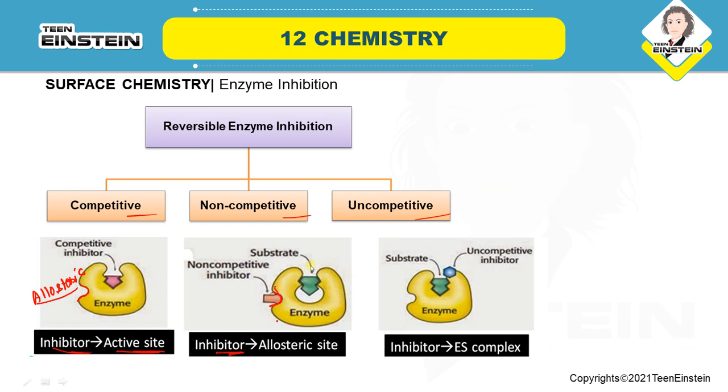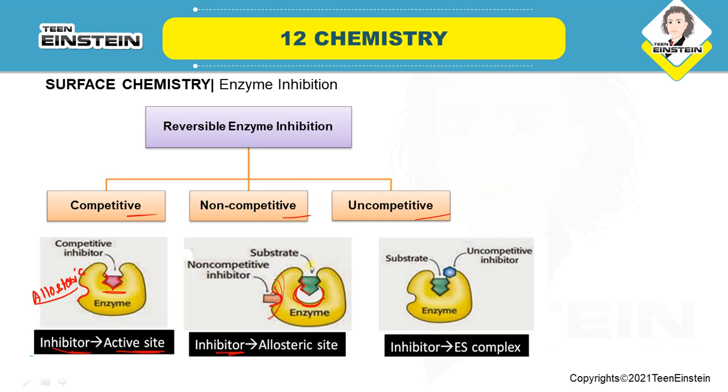As a result, the shape of the active site is changed. See, previously the shape is like this, but now it is round. The substrate has a complementary structure like the active site, but now the active site shape is changed because the non-competitive inhibitor is interacting in this region. So as a result, the substrate cannot bind.